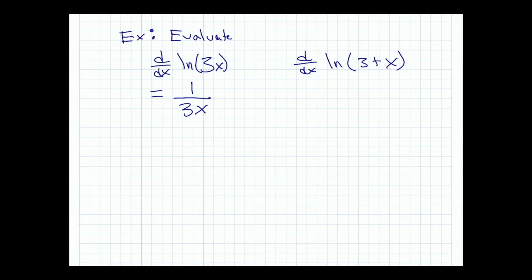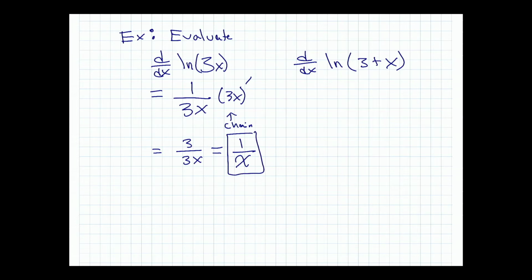But then you have to multiply by the derivative of what's inside, (3x)', because of the chain rule. The derivative of 3x is 3. So you get 3 over 3x, which is just 1 over x. So the derivative of natural log 3x is actually just 1 over x, no 3.